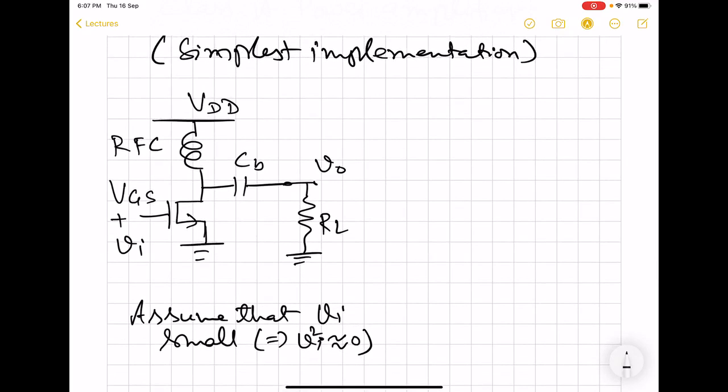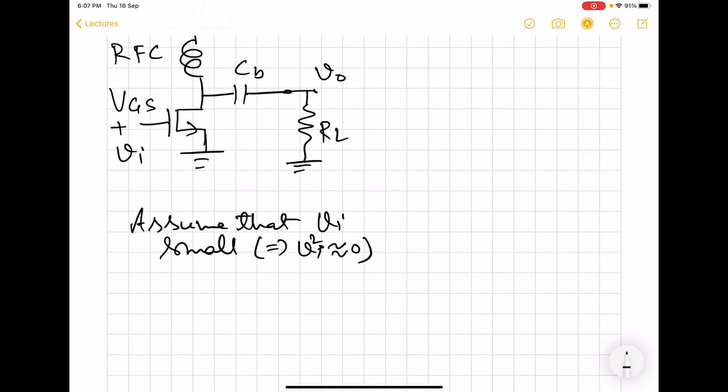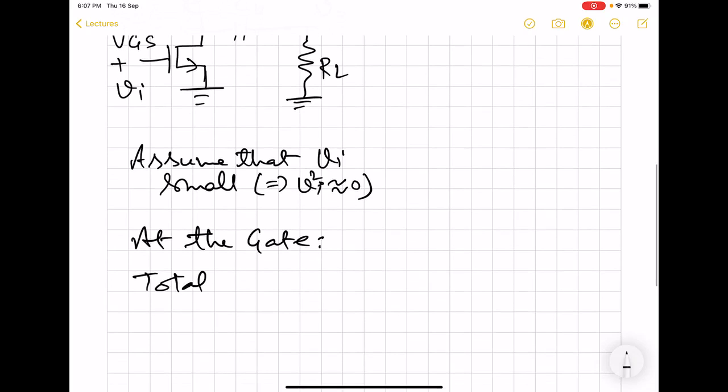So here we have the simplest version, and as was pointed out, at the gate we have two inputs. One is DC, so the total voltage VGS, which will of course be time varying, will contain two parts.